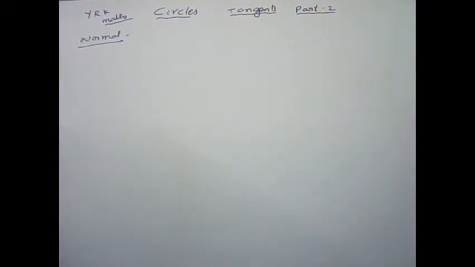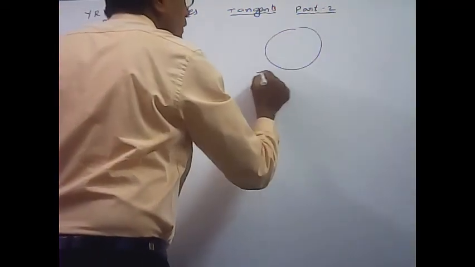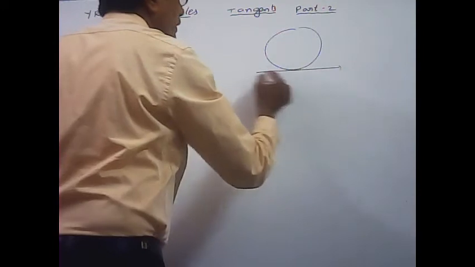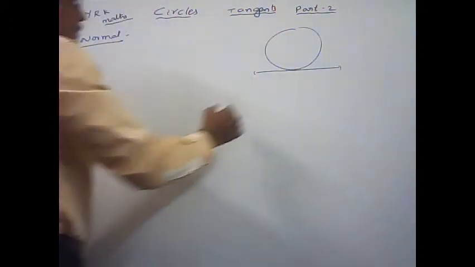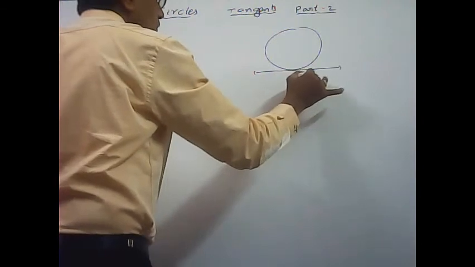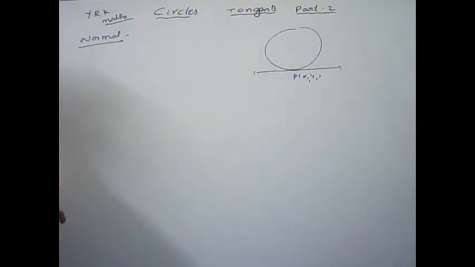Next, the normal. What is the normal? First we can find the tangent at a particular point. If I want the equation of the normal at a particular point x1, y1, first we can find the slope of the tangent, or otherwise the equation of the tangent.